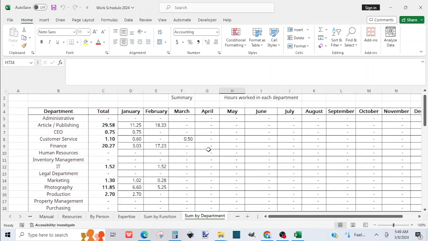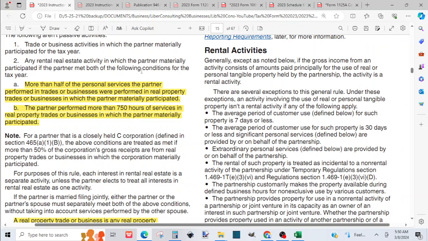But you'll be able to design it to track your hours, as a reference to see if your rental property in this case can be classified as a trade.